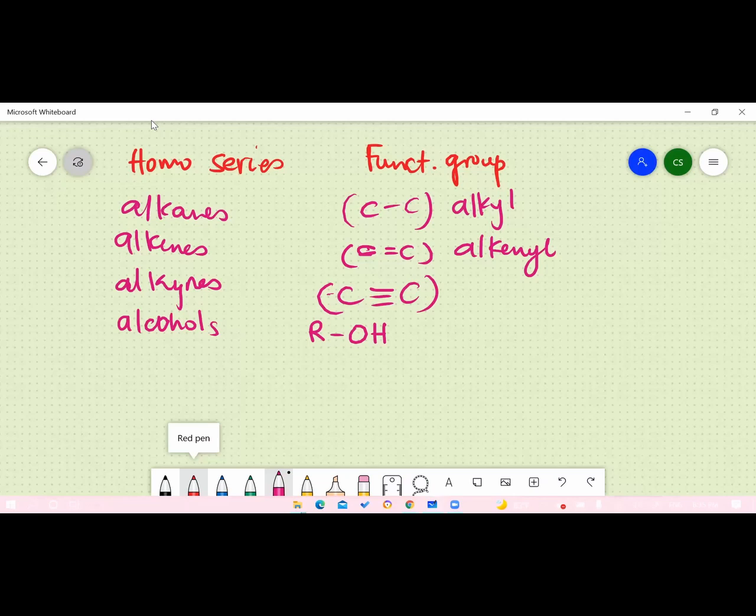The alcohol OH groups are called hydroxyl. Then you have the C double bond O group, that's a carbonyl group. And carbonyl groups are found in aldehydes and ketones.